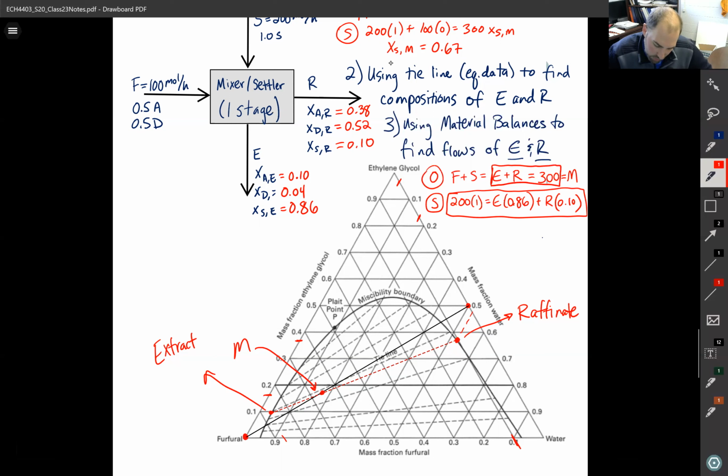Typically, I like to use substitution, so I'm going to substitute. I'll say that R is equal to 300 minus E. So I'll substitute and say 200 is equal to 0.86 times E plus 300 times 0.1. If I distribute the 0.1 as 30 minus 0.1 E, and then collect terms, so 170 is equal to 0.76 E. And then solving for E, I get 221 moles per hour.